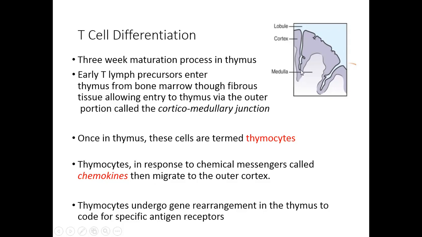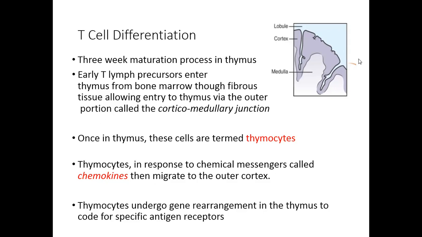The junction between the cortex and the medulla. Once these early lymphoid precursors come in, we call them thymocytes. So once they're in the thymus, we call them thymocytes. They're still very, very young. Thymocytes then get called by chemical messengers called chemokines. Remember, a chemokine is just a specialized cytokine.